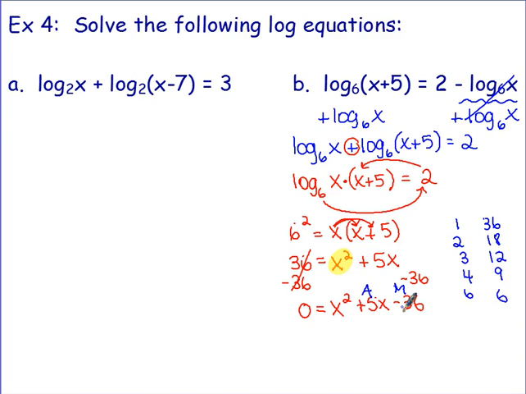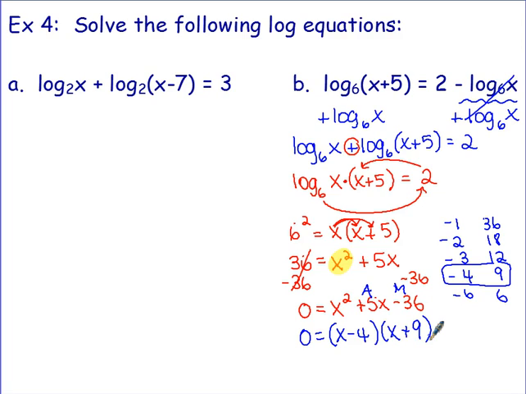Multiplying is a negative, so we have 1 positive, 1 negative. But adding is positive, so the bigger one's positive. So I'm going to put a negative with all these small guys. So which pair adds up to 5? Well, that would be that pair right there. So we're going to do 0 equals x minus 4 in parentheses, x plus 9 in parentheses.